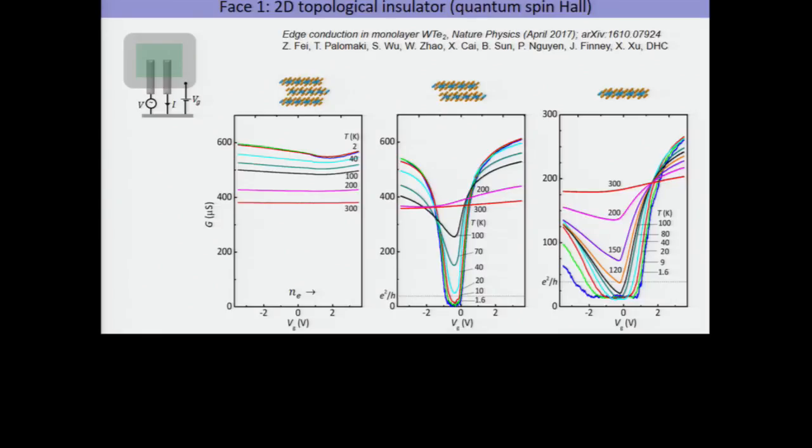Those are the boundary modes. In the bilayer, there's no edge conduction. So a similar process happens where the conductivity decays close to zero doping as you cool, but in the monolayer, you're left with conducting edges, and in the bilayer, you're not.